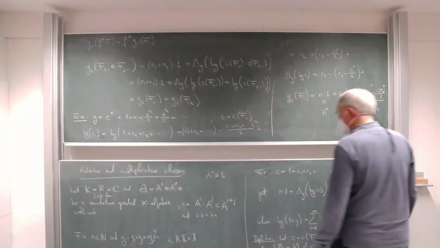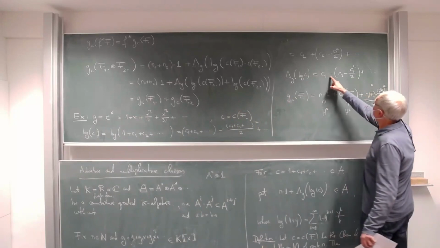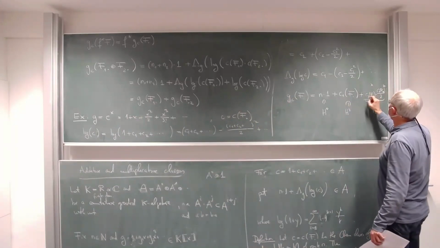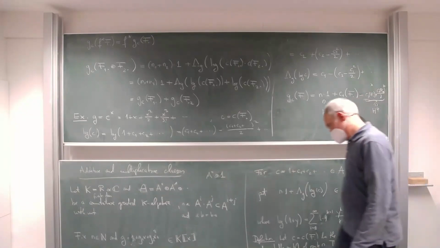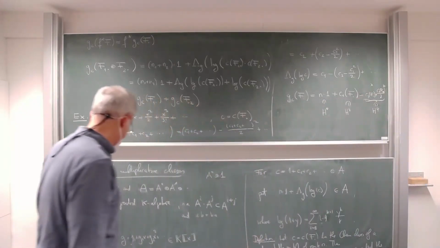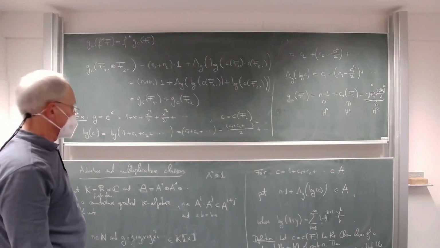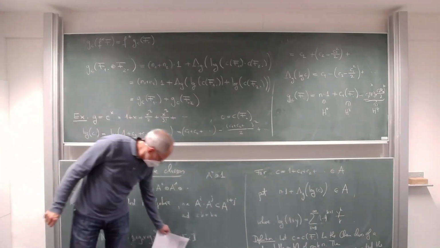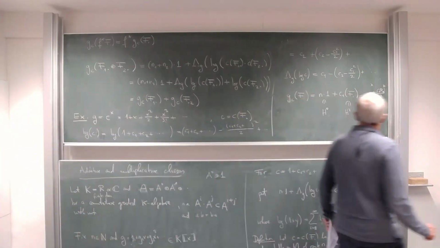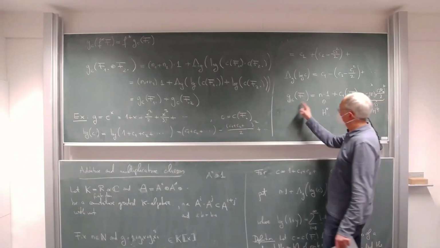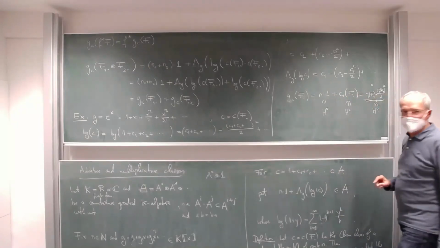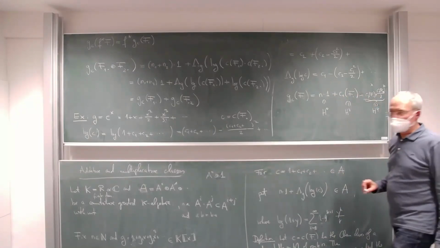Oh, I forgot the minus sign. This minus sign. Yeah. Now this came from this minus, right? So this is that. And this particular additive class is a famous class. It's called the Chern character.